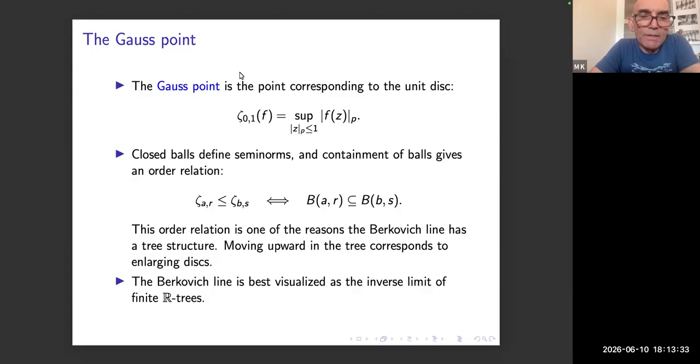Now, closed balls define seminorms, and containment of balls gives an order relation. So zeta_{a,r} is a point which corresponds to a disk of center a, radius r, and similarly for b, s, if the corresponding balls are contained in each other. So it means that this tree that you get is actually directed.